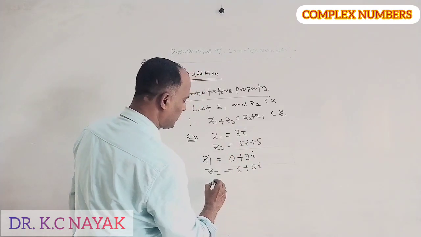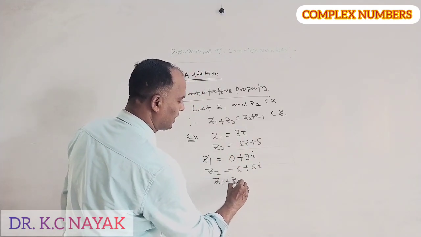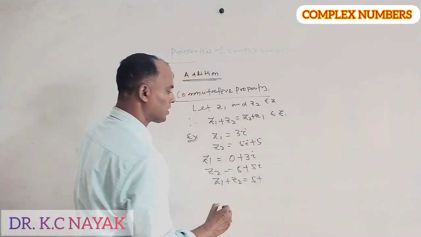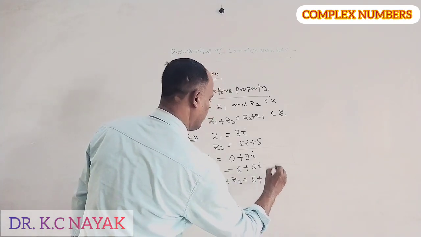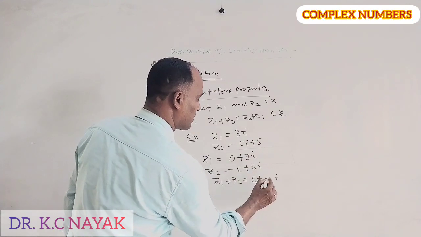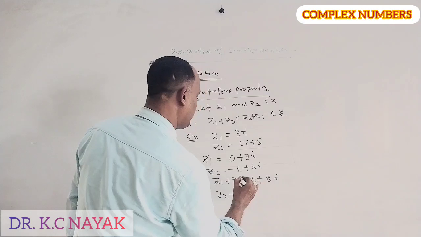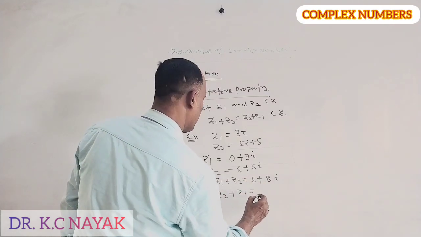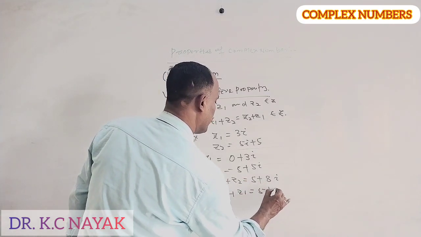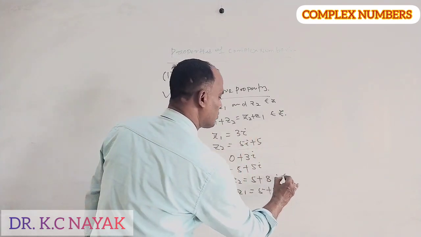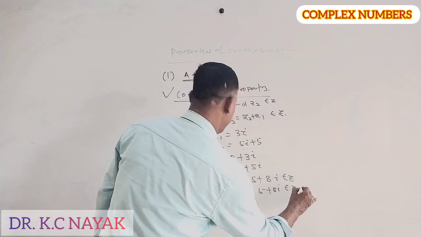Now Z1 plus Z2 is equal to 5 plus 8i, since 3 plus 5 is 8i. Z2 plus Z1 is also 5 plus 8i, which also belongs to Z.